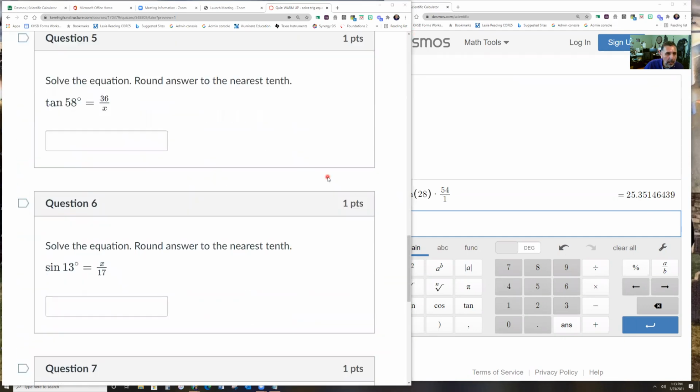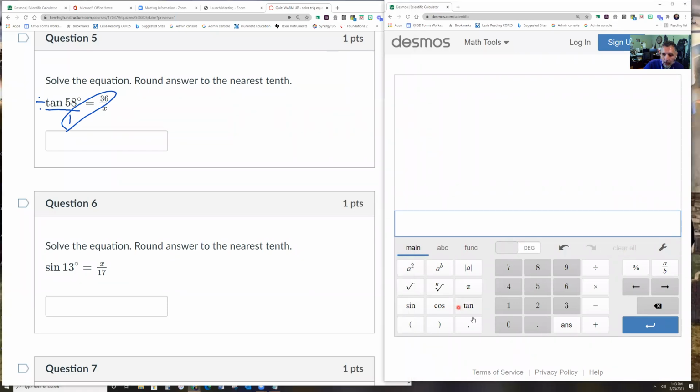And then finally, the last two, again, put a 1 under it. Cross multiply so you don't grab the x. Divide by the outside one. So when we type it into the calculator, it looks like this. Tangent of 58, close the parentheses, divided by, oh, actually, you know what?